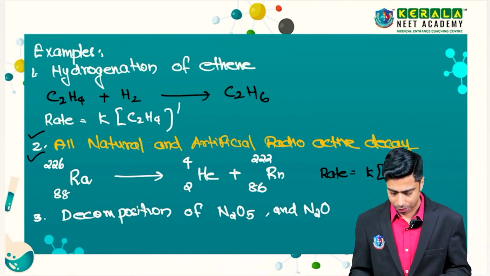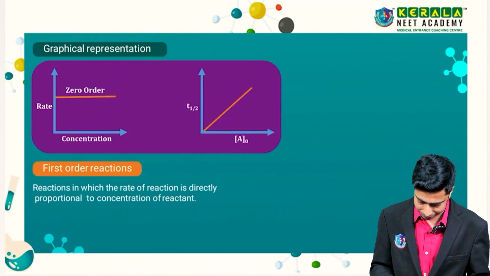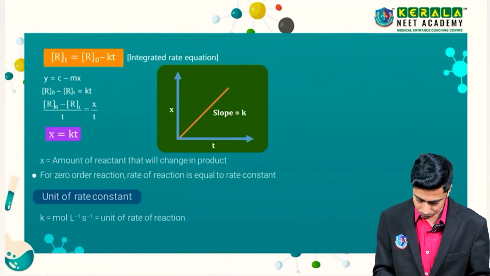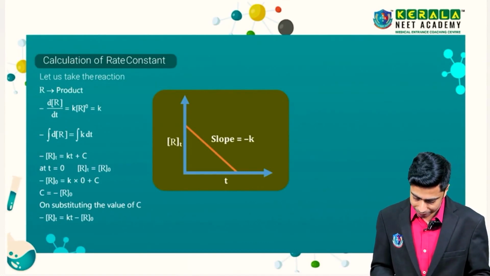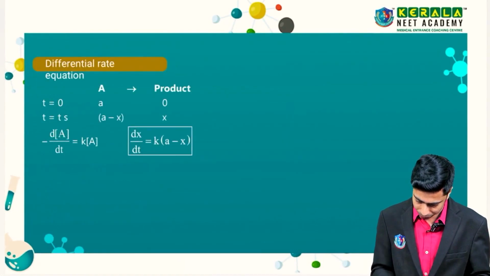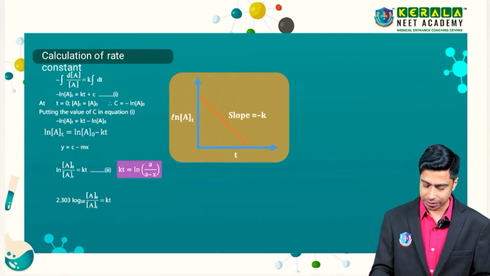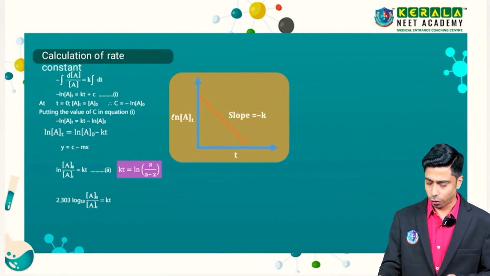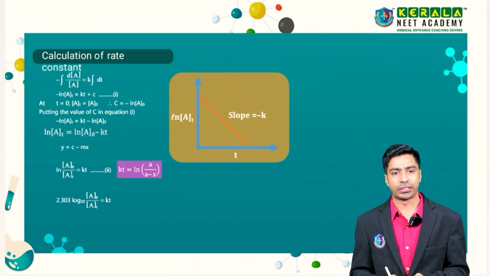So hope it is clear. Now we'll move on to the derivations. The integrated rate equation for a first order reaction: we have seen the calculation and the graphical representation also.